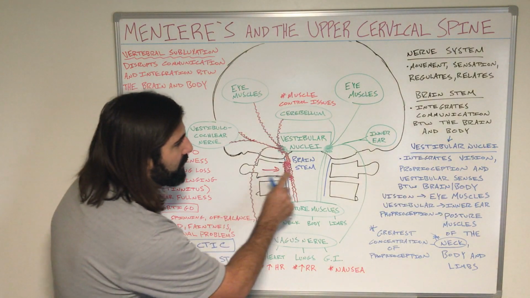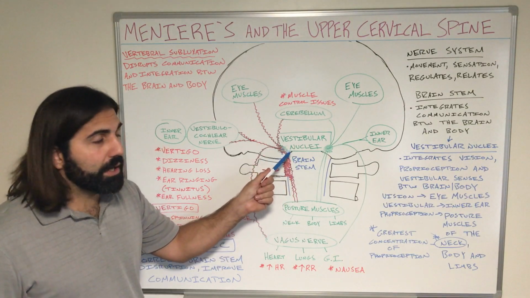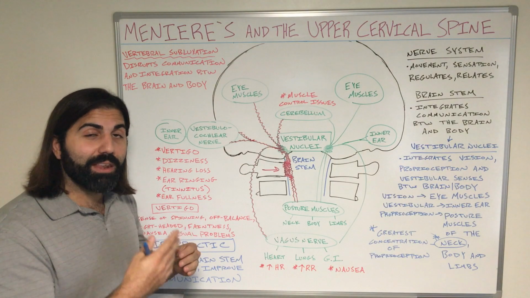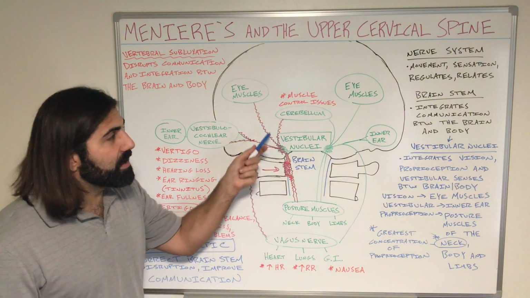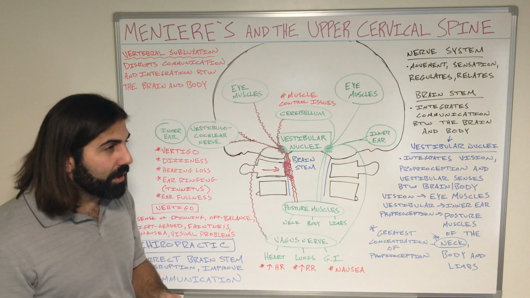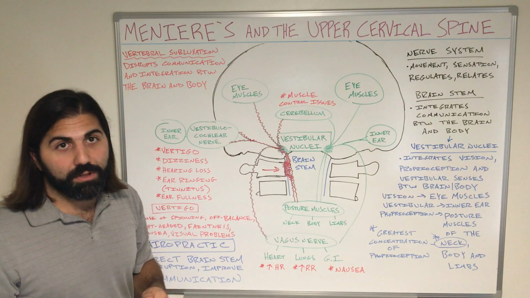So when we have a vertebral subluxation that's irritating the brainstem, it's also going to be irritating the vestibular nuclei, which can then also be irritating all these other neurological connections between the brainstem and all these different aspects of our body.